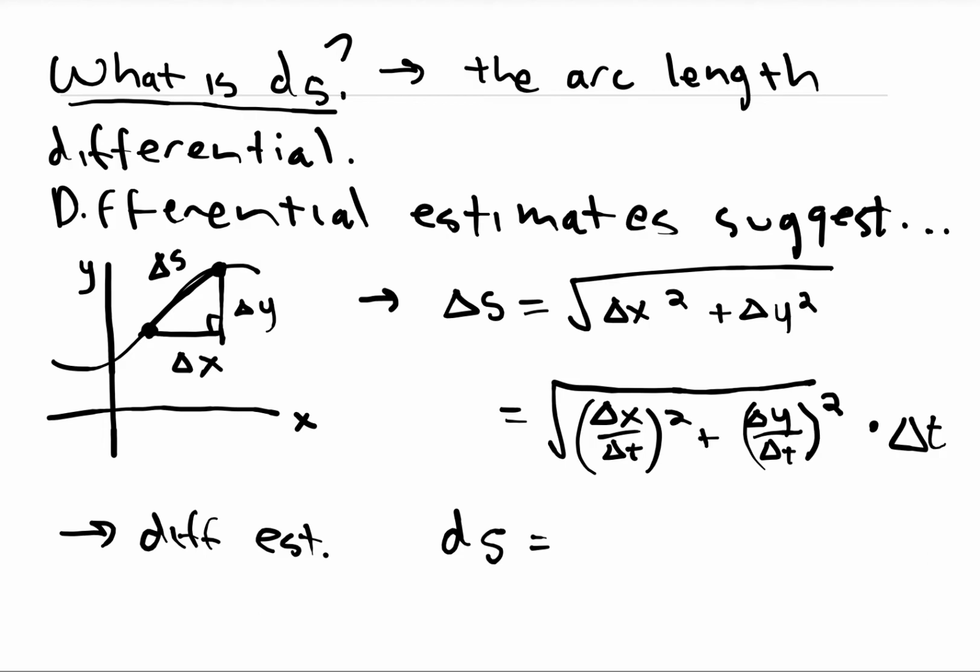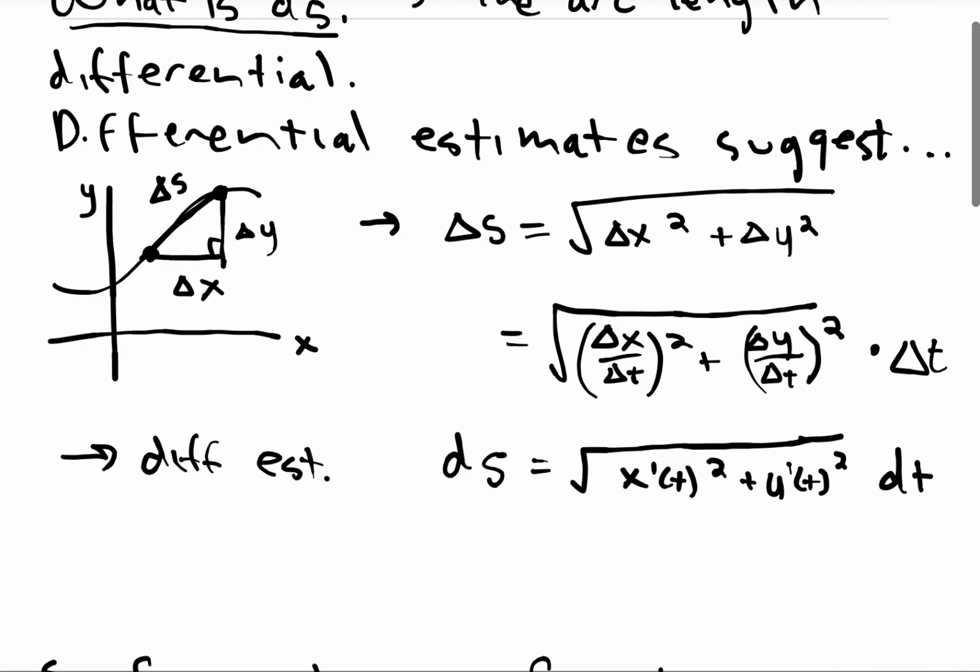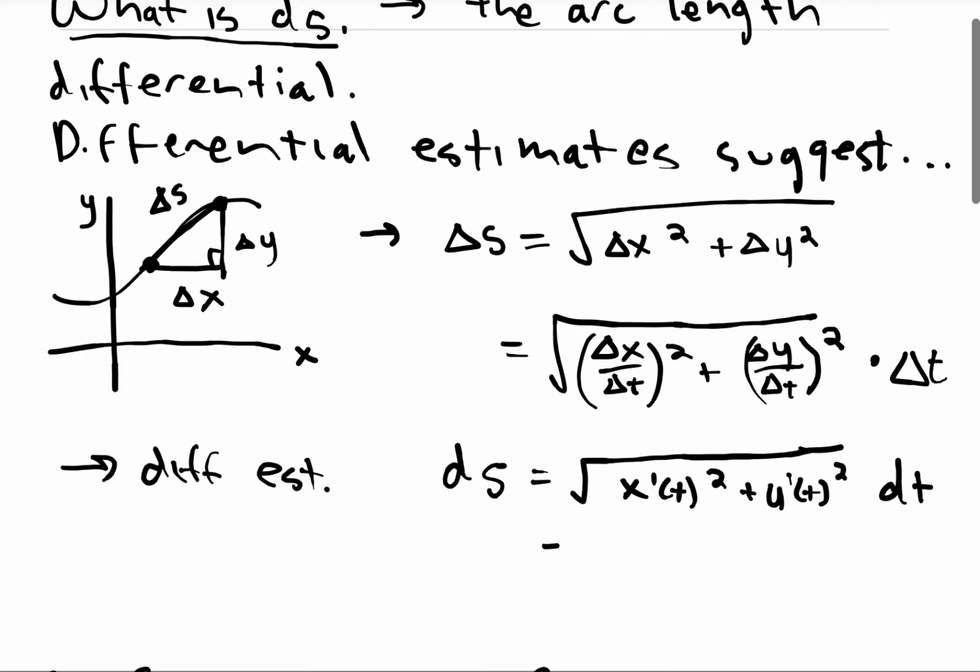As far as my differential estimate is concerned, ds is really going to look like the square root of x prime of t quantity squared plus y prime of t quantity squared, times dt. A simpler way to think about writing this is the magnitude of the vector x prime of t, y prime of t.